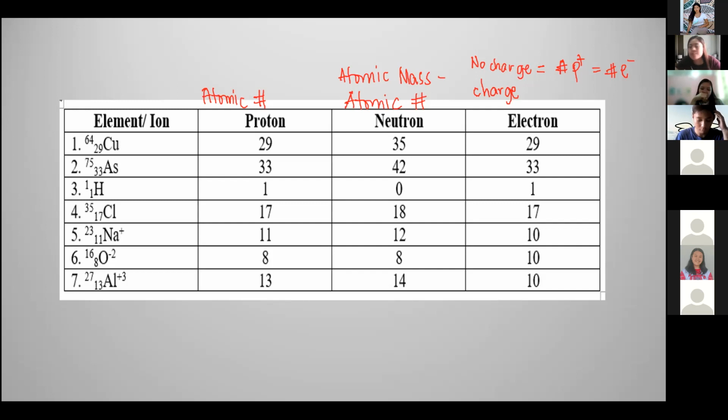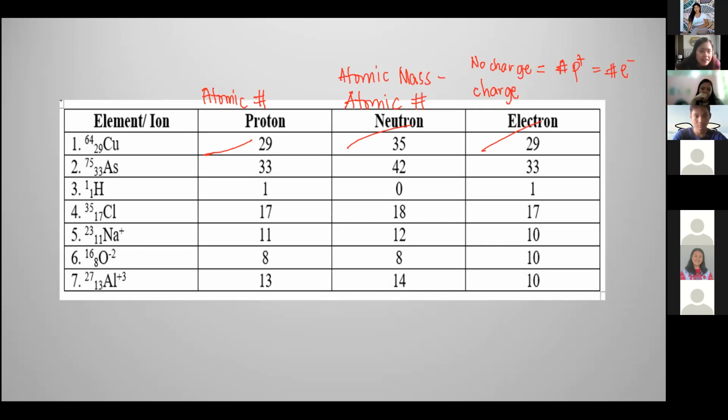Tapos si atomic mass duha man, proton and neutron. So ana na lang para madali ang atoang life. So for the number of protons, this is correct, 29 because that's the atomic number. Tapos for the neutron, 64 minus 29 is 35. So this is also correct. And since wala tayong charge for copper, so number of protons is the same with the number of electrons.